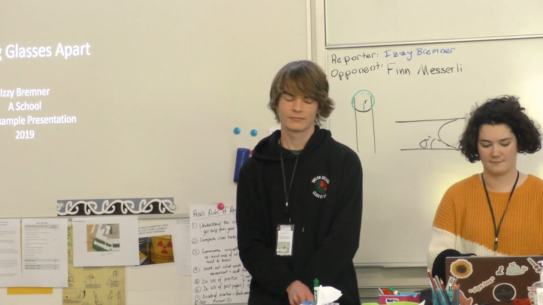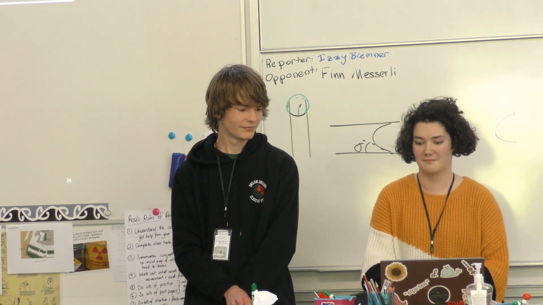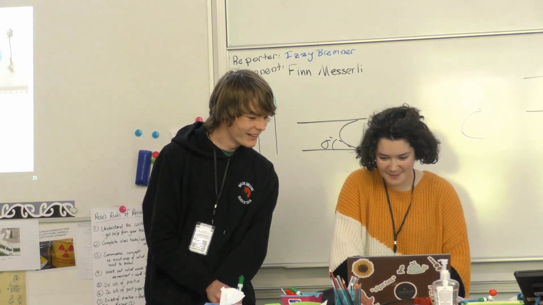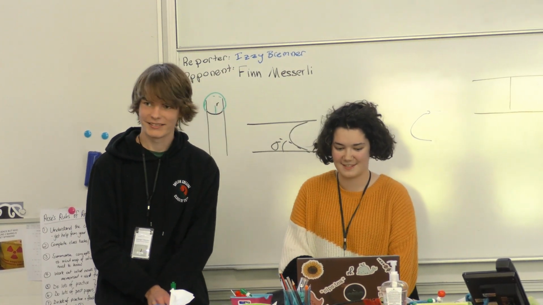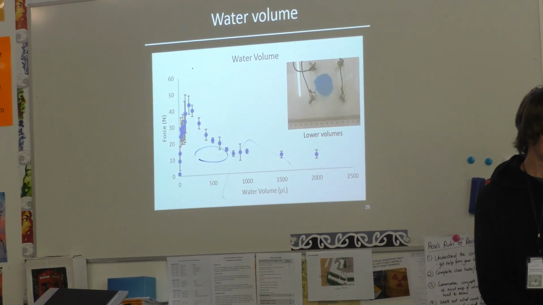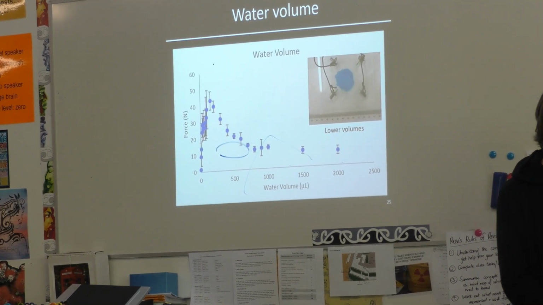Can you go to slide 26, please? Okay, no, there's a graph for me there somewhere. Okay. This one. That's the one. What's your explanation for the second peak that could be occurring near 1,000 microlitres given your error bars?